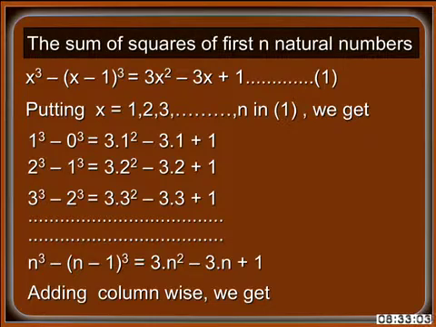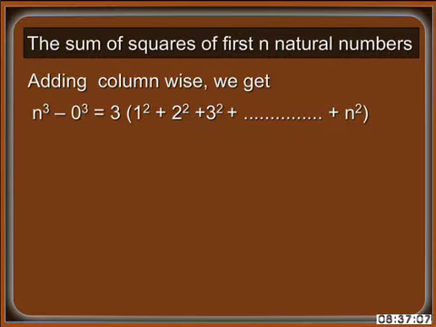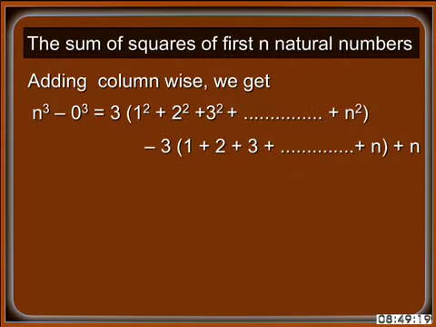Adding column wise, we get n raised to the power 3 minus 0 raised to the power 3 is equal to 3 whole multiplied by (1 square plus 2 square plus 3 square and so on up to n square) minus 3 whole multiplied by (1 plus 2 plus 3 and so on up to n) plus n.